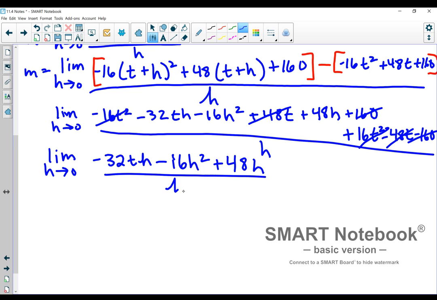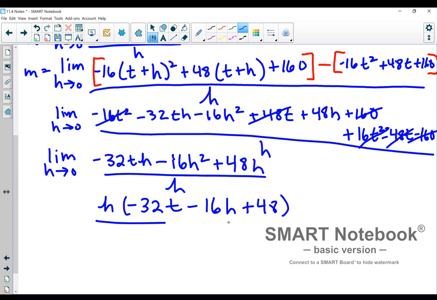And I can factor an h out of everything again. And h over h is 1. So that takes care of our denominator.